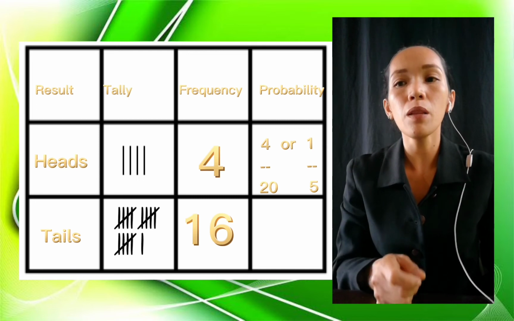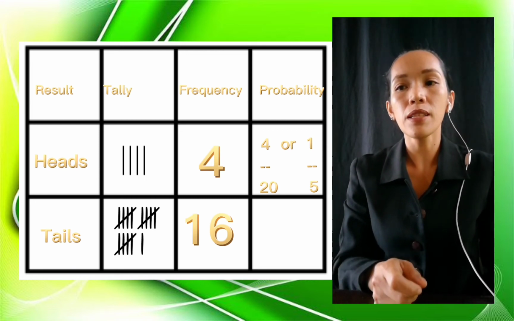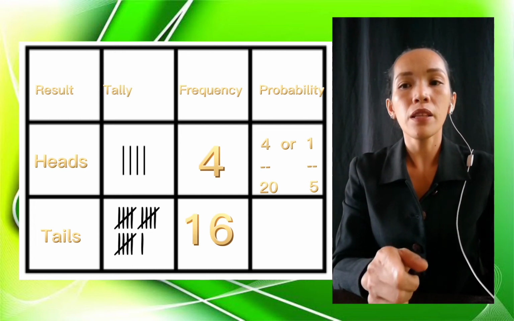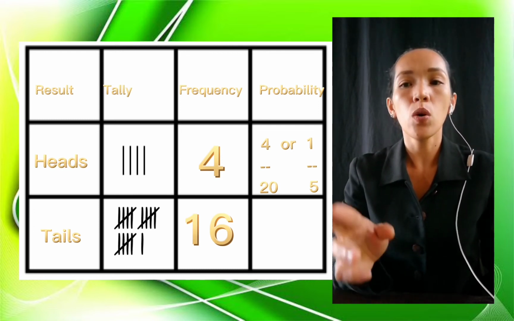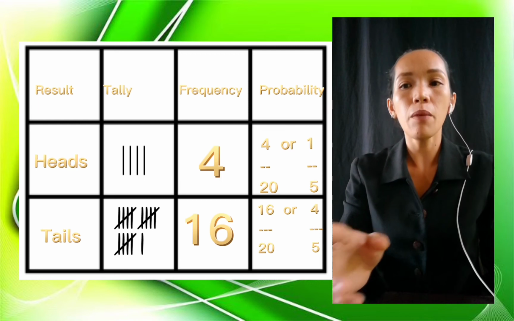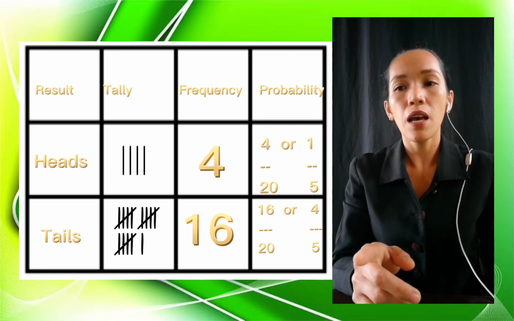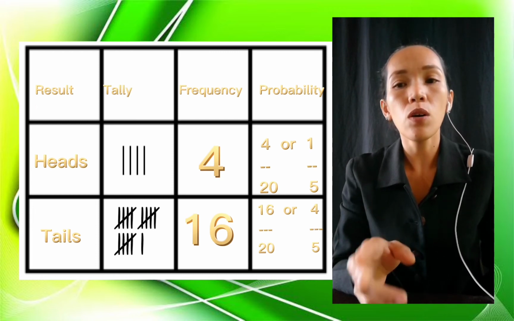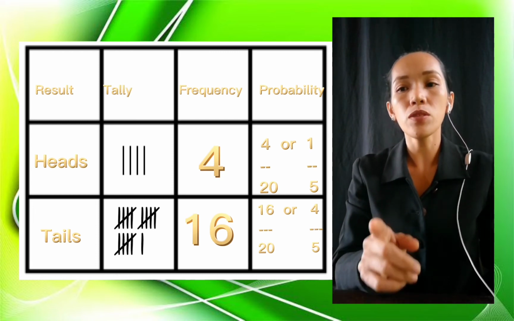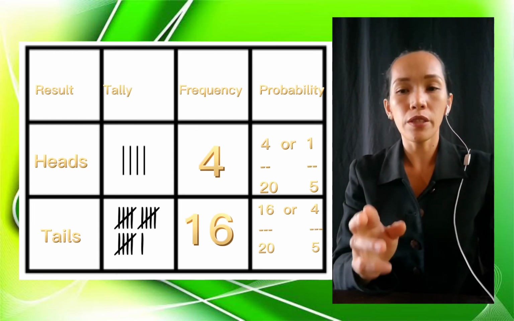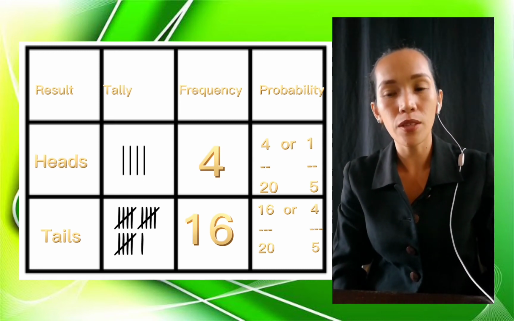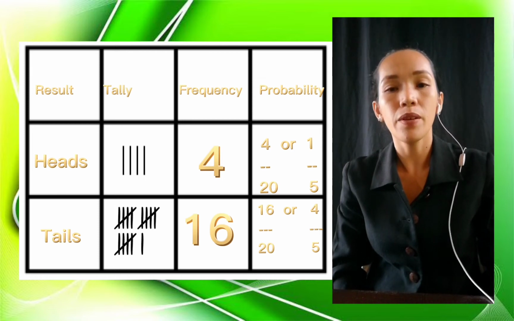And the experimental probability of getting heads is 4 over 20. At kapag ni-lowest term natin iyon is 1/5. Habang ang tails ay may experimental probability of 16 over 20. At ang lowest term naman ay 4 over 5. Naintindihan ba ang ating lesson ngayon? Very good.